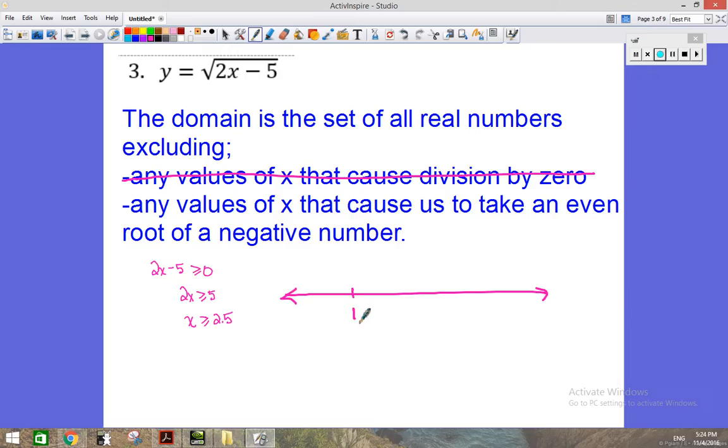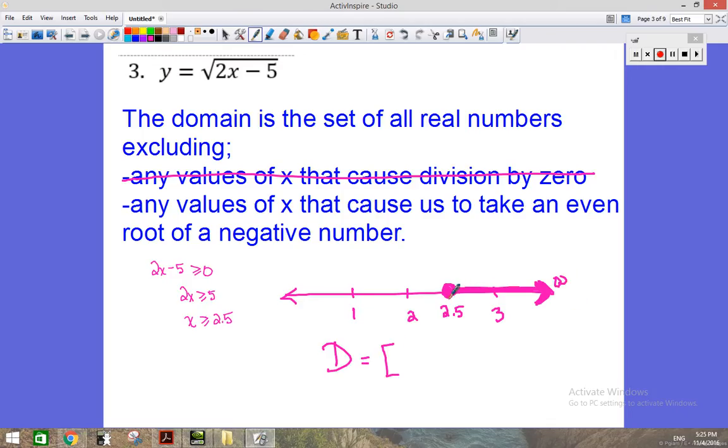If 1, 2, 3, right here is 2.5. I need my values of x to be bigger than that. I need my values in my domain. If I want to have this x related to some y value, I need that x to be greater than or equal to 2.5.